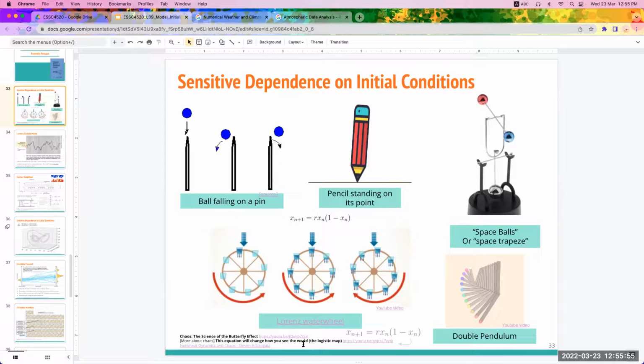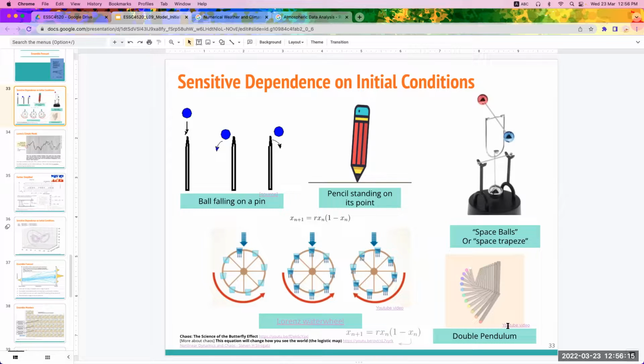And if you're really interested in studying chaos, there's a book here. A lot of applications with equations, and you can code for that. A lot of the online videos are from simulations.